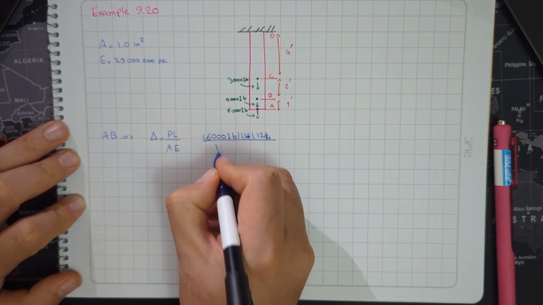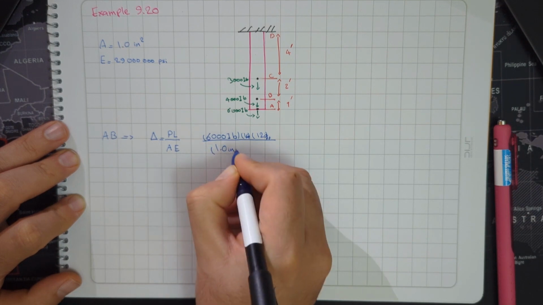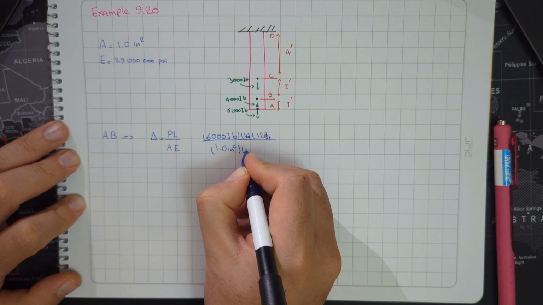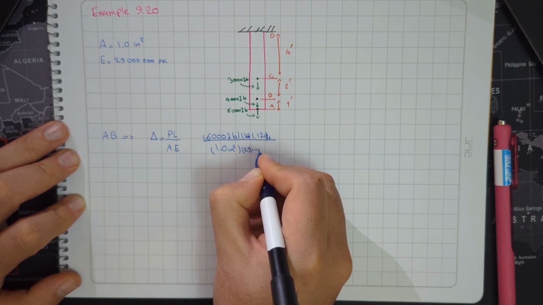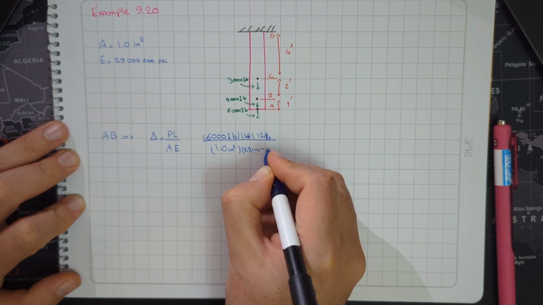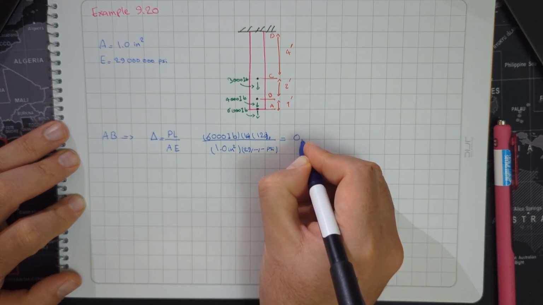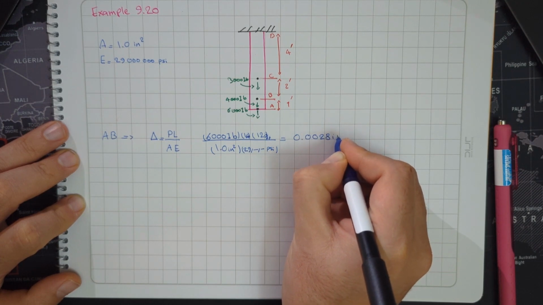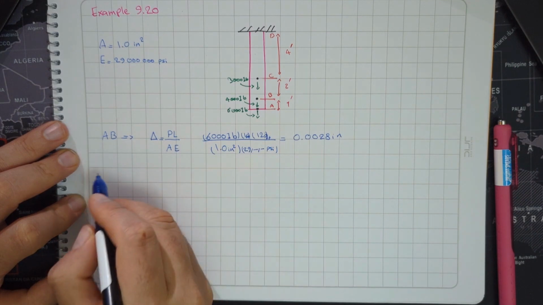Our area is 1.0 square inch, modulus of elasticity of 29 million psi. Right? The answer is 0.0028 inches. So this part is going to elongate this much.